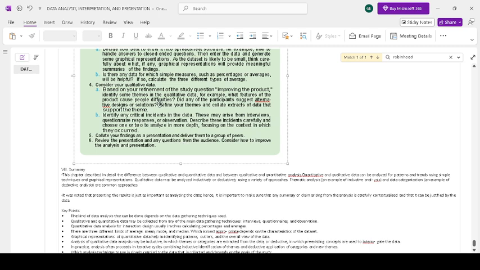Consider your qualitative data. Based on your refinement of the study question, improving the product, identify some themes in the qualitative data. For example, what features of the product cause people difficulties? Did any of the participants suggest alternative designs or solutions?